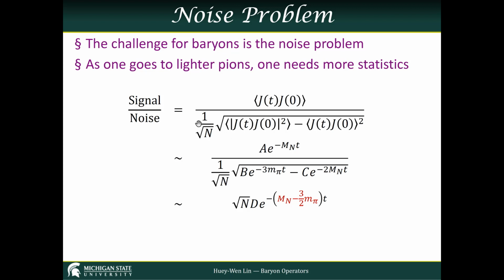And we have a factor of 1 over root n because this improves as a function of how much statistics we have. So if our signal has some exponential form at large time, we go down onto the ground state. And our noise, so if we take a 3-quark operator and we square it, we can get either 2 nucleons, which is what you would get in this case, where we take the signal from this, the nucleon, squared.